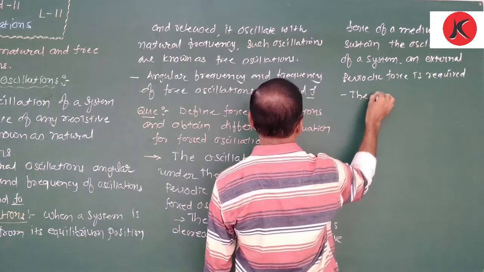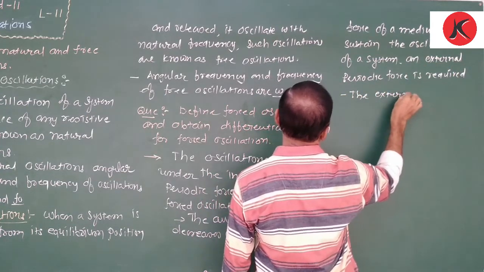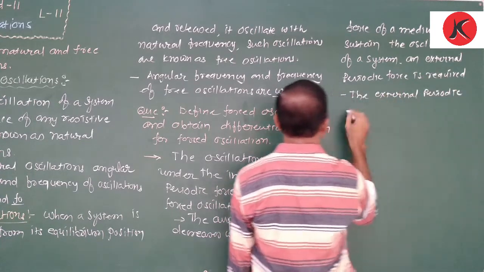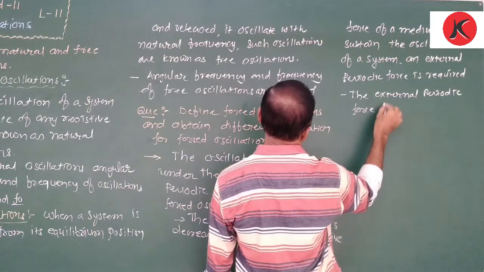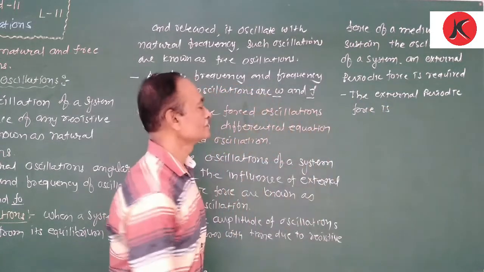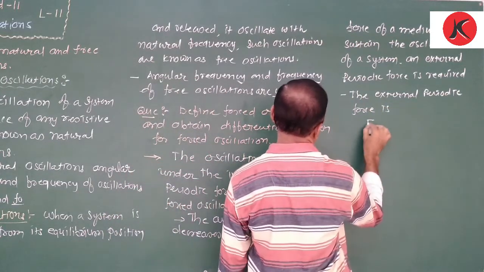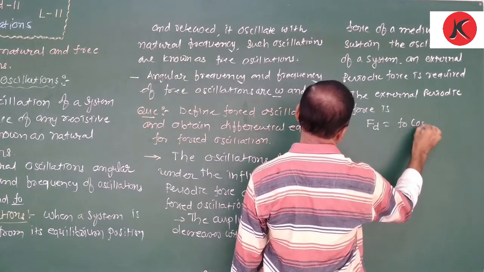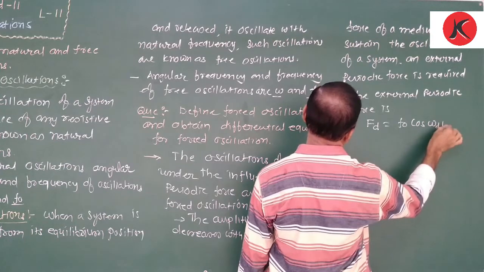The external periodic force is Fd is equal to F0 cos omega d into t.